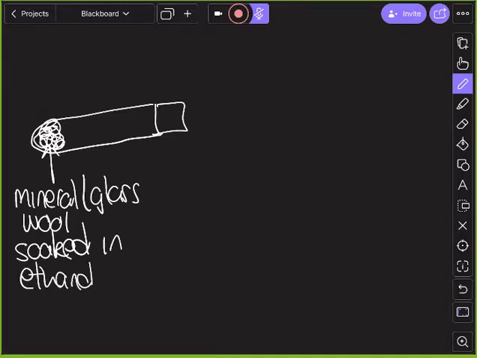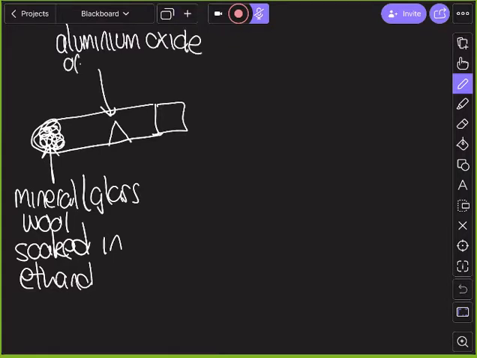In the middle, you have an off-whitish powder, and this off-white powder is aluminium oxide. And this is our catalyst. It is off-white because they like to ask you what color it is, and it is the catalyst.